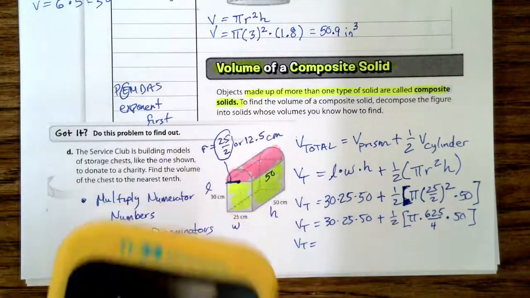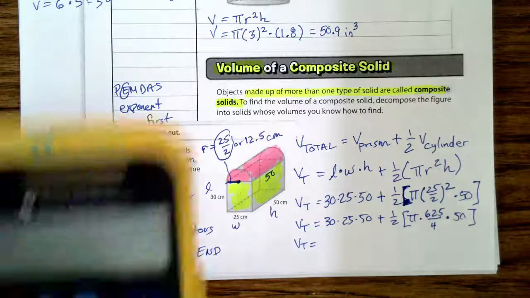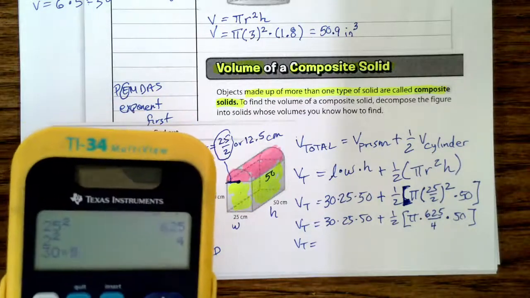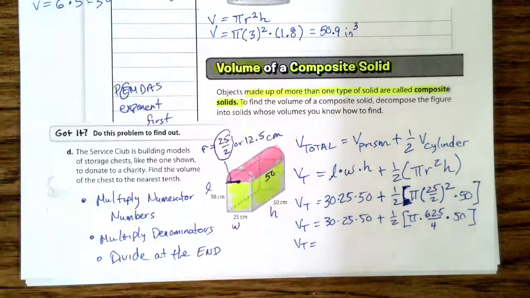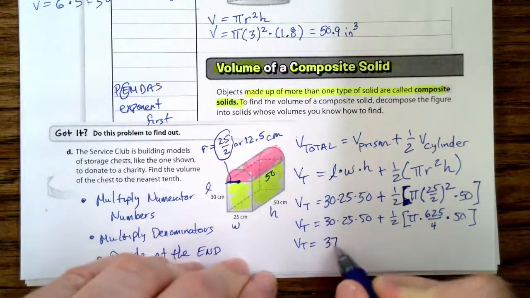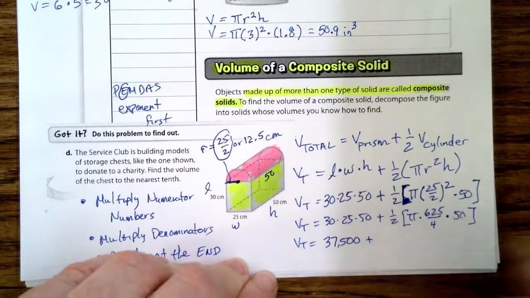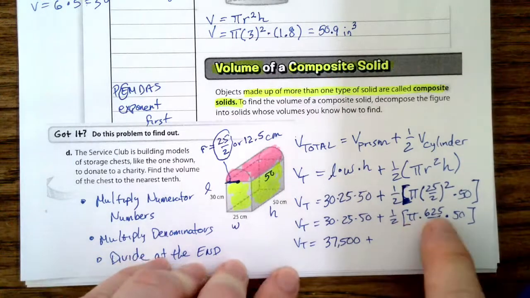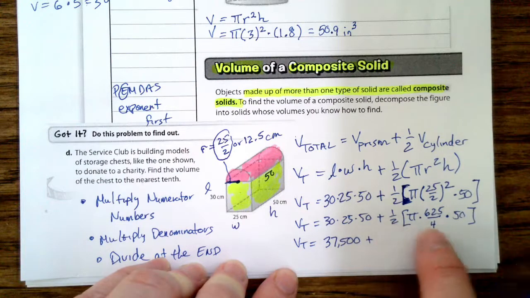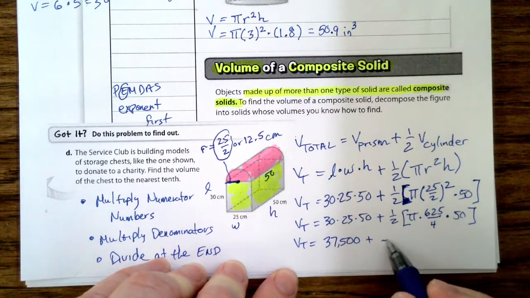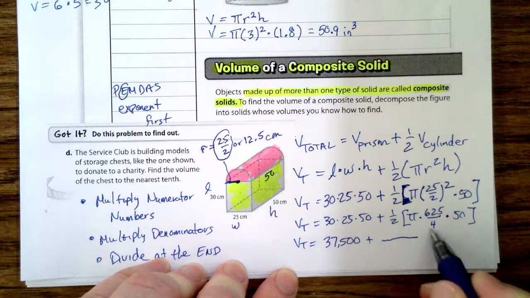So I'm going to do something on this calculator. 30 times 25 times 50, straight multiplication, 37,500. Okay, now here, numerator, numerator, numerator, numerator. In the denominator is the 2 and the 4, so we can just go ahead and put this here. 2 times 4 is 8.